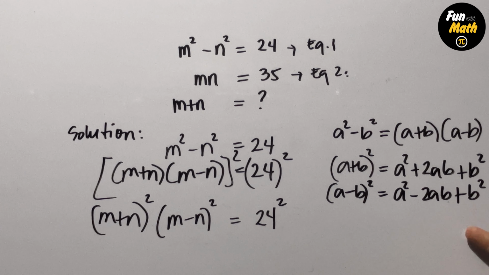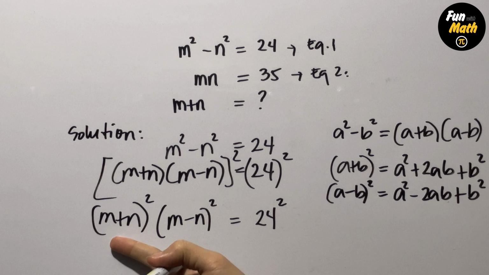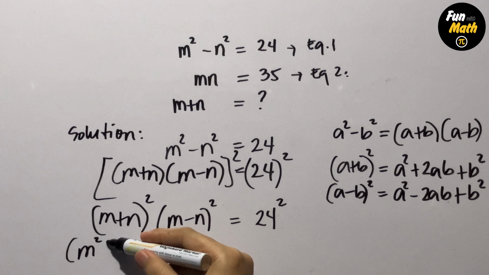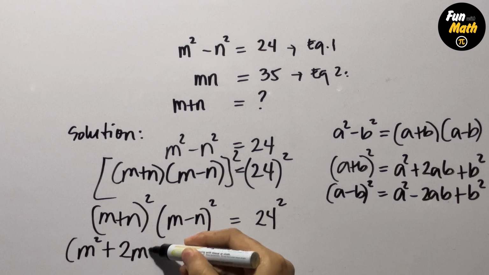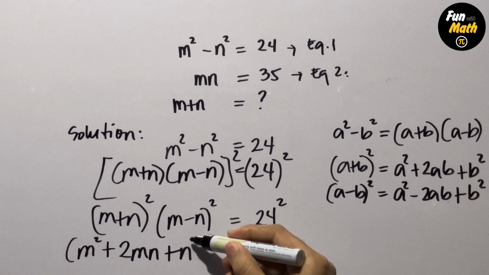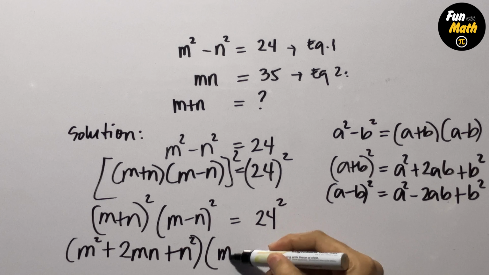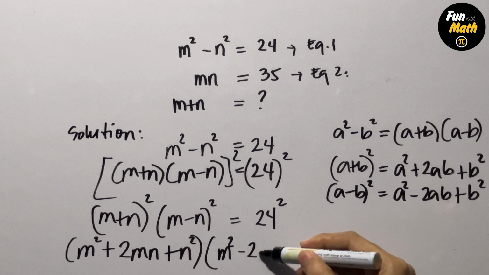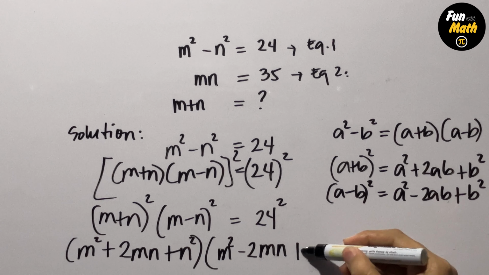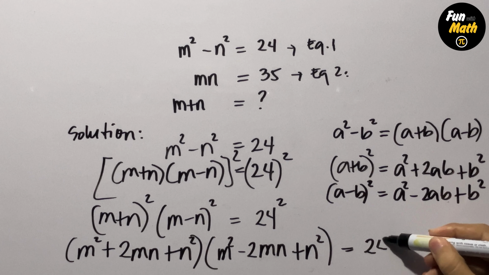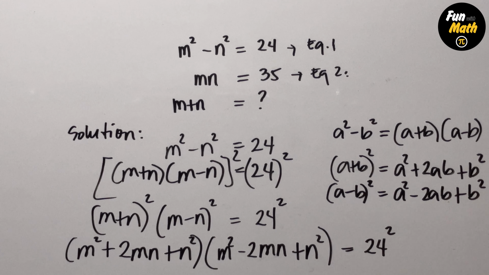So if we follow this, we can write this as m squared plus 2mn plus n squared, and the other one, m squared minus 2mn plus n squared, equals 24 squared.